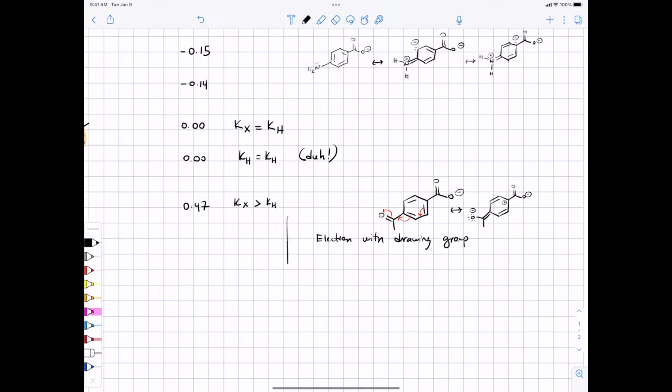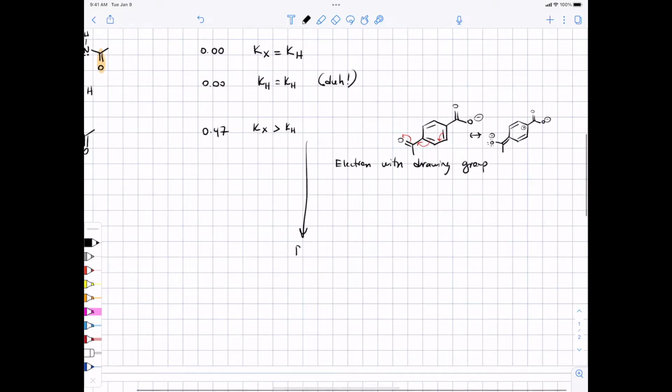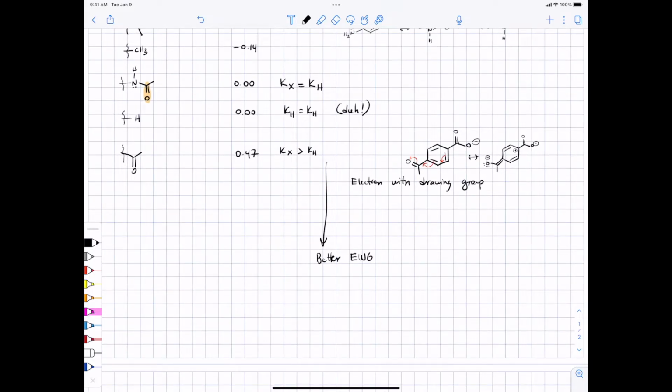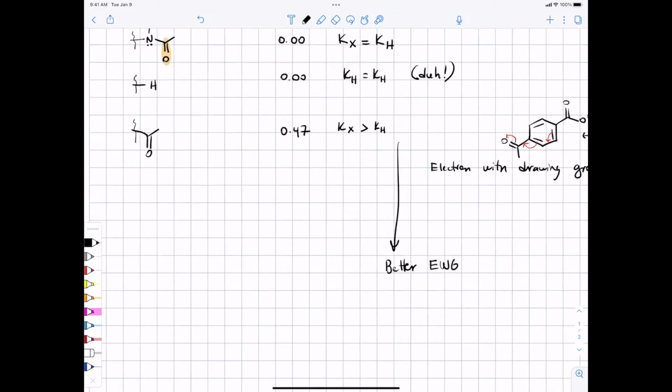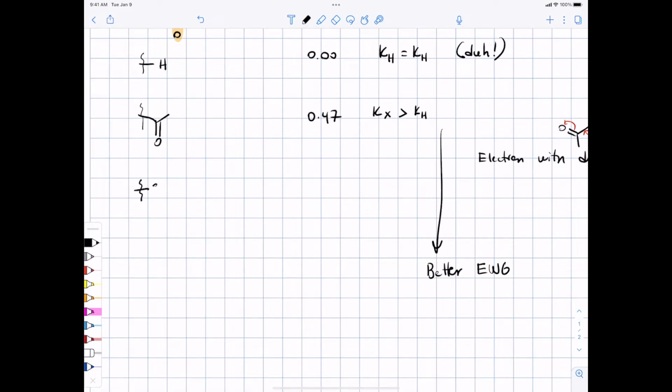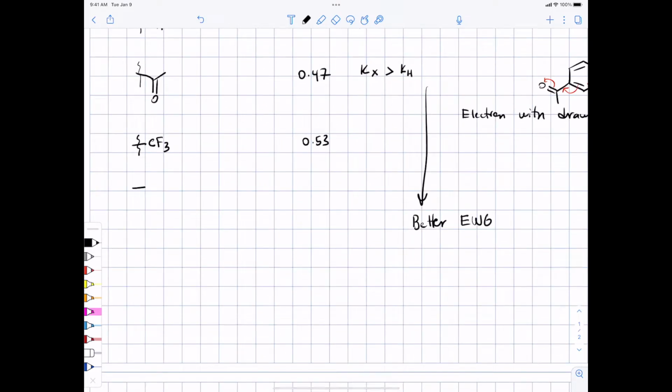And the better a group is at withdrawing electron density, the higher, the more positive, the greater the magnitude of the sigma para value. So trifluoromethyl is a little bit better than, say, the carbonyl. Nitro is even better than trifluoromethyl and better than the carbonyl.